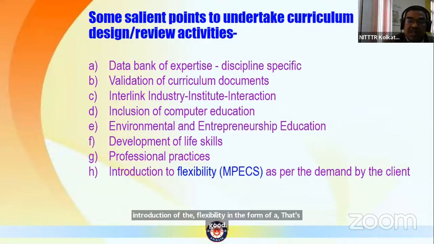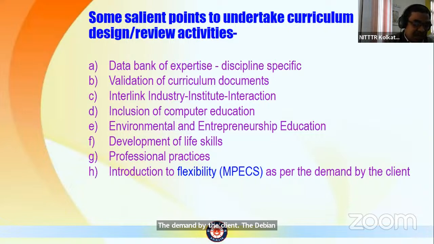Data bank for expertise means that, for example, one particular curriculum is being developed and you do not have any local data or local expertise, understand? In that case, you will have to search for the relevant expertise either locally or maybe nationally, or you will have to take them for developing the content. For example, one curriculum we developed was packaging technology.